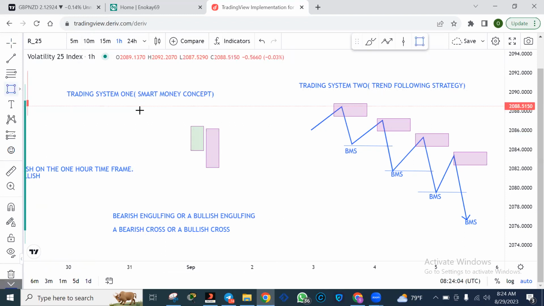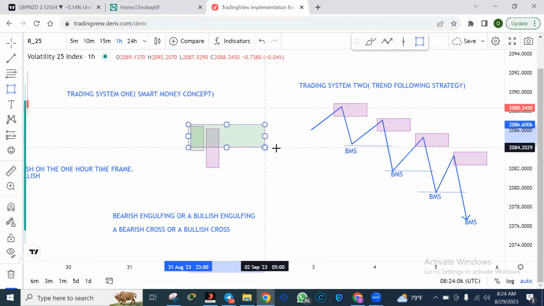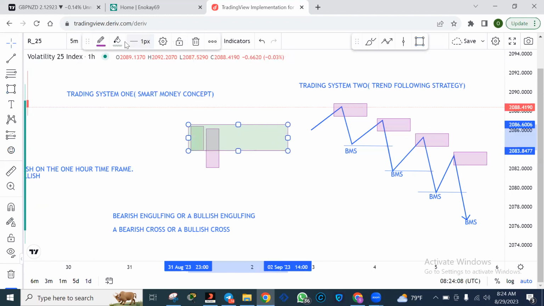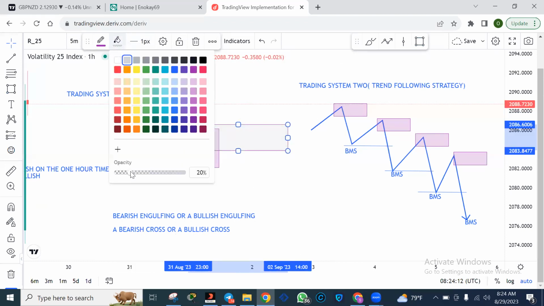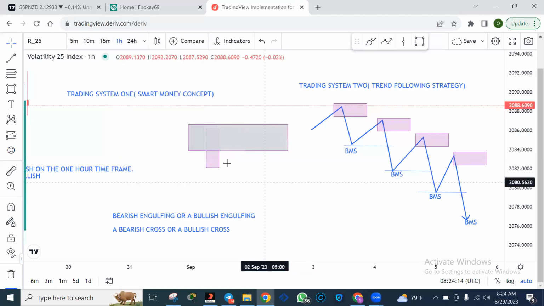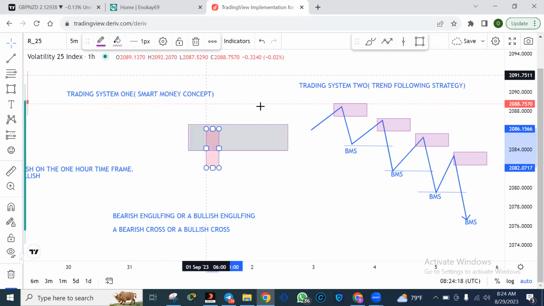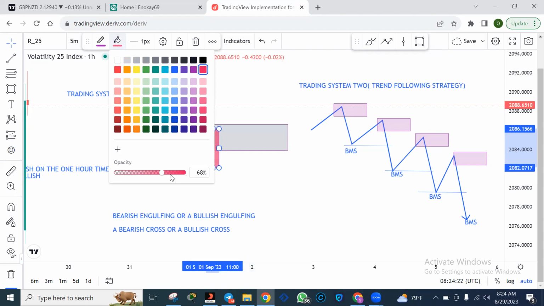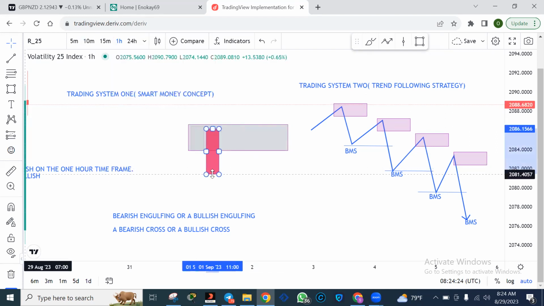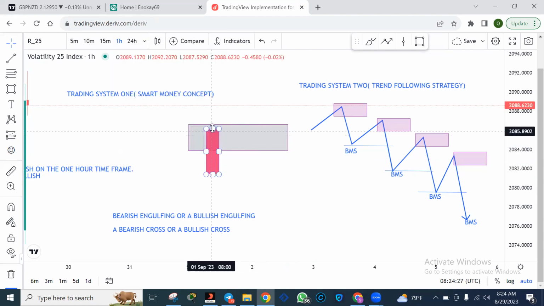So what do you do? You take a horizontal box and then you mark it. So let's change this horizontal box to this. Okay, cool. Now this is your bearish engulfing candle. Let's increase the opacity. Now you have a bearish engulfing candle here.